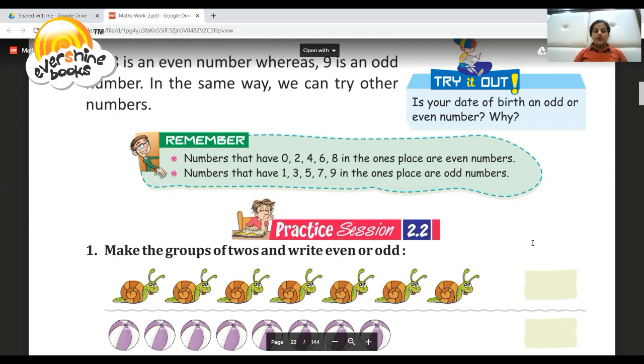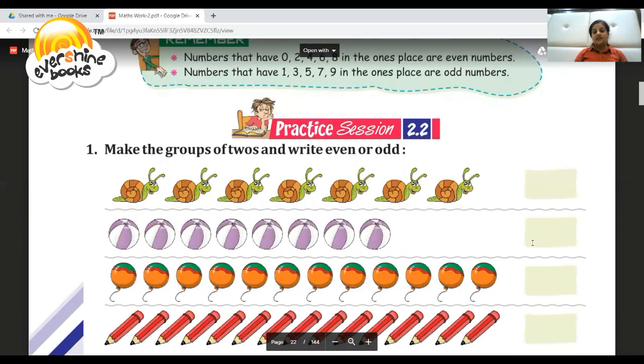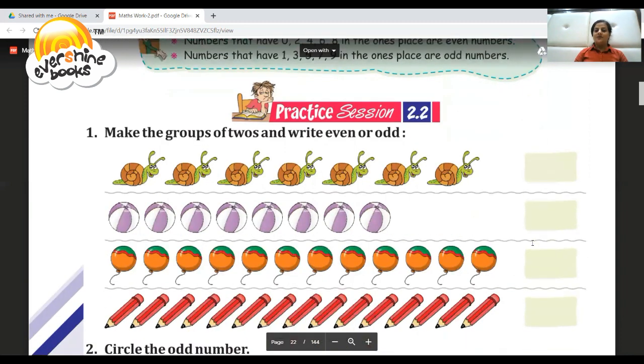Okay, so remember, numbers that have 0, 2, 4, 6 and 8 in the ones place are even numbers, and numbers that have 1, 3, 5, 7, 9 in the ones place are odd numbers.